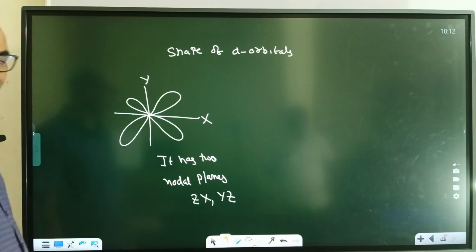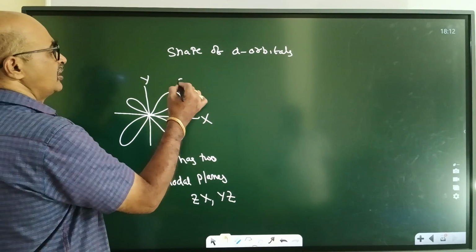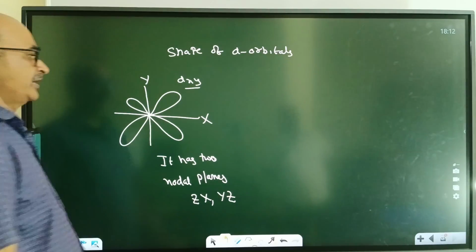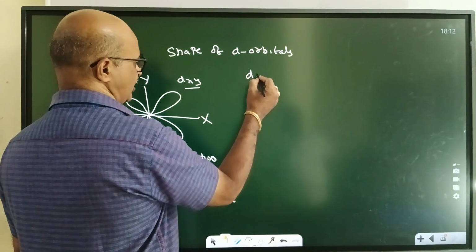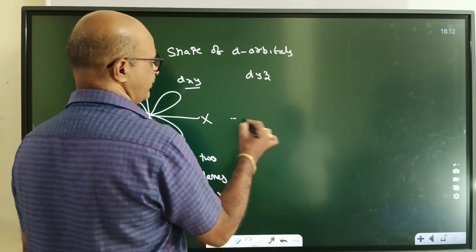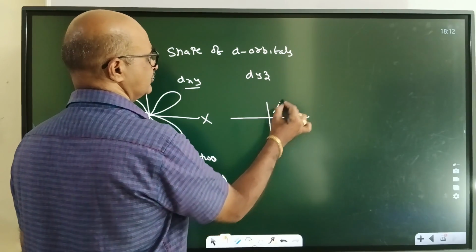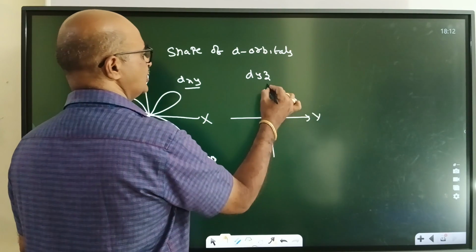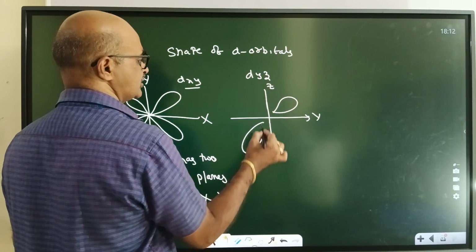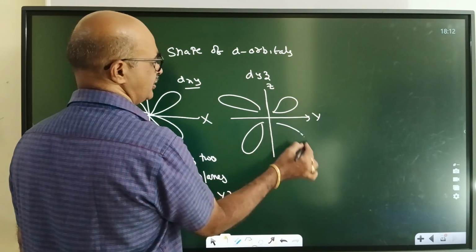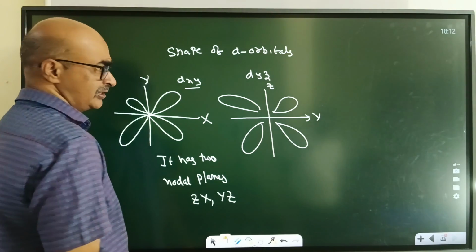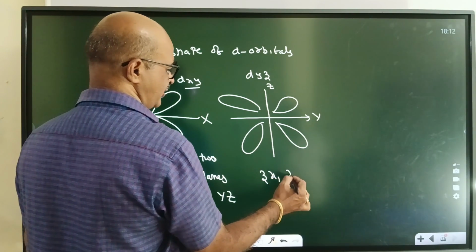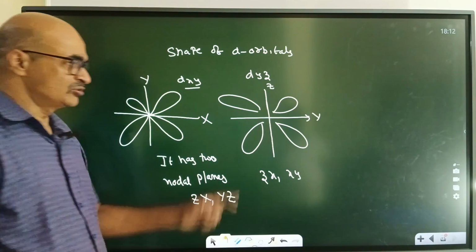It has a double dumbbell shape. Next, dyz orbital. This is y-axis, this is z-axis. It has two nodal planes, zx and xy.